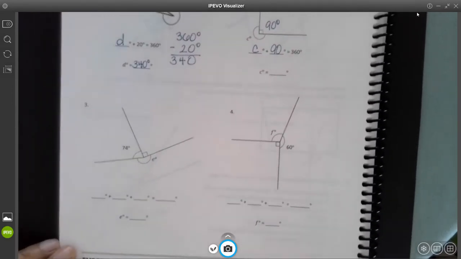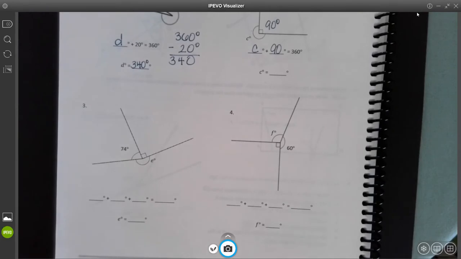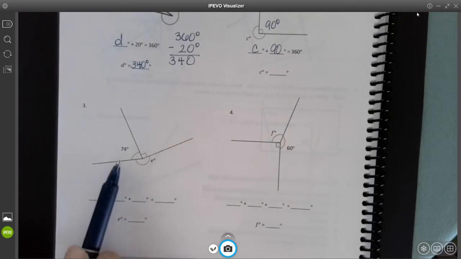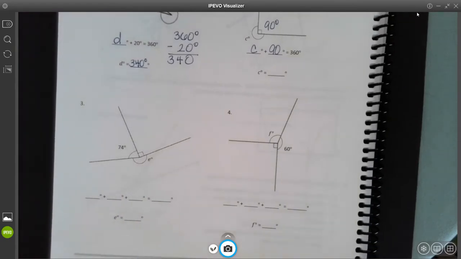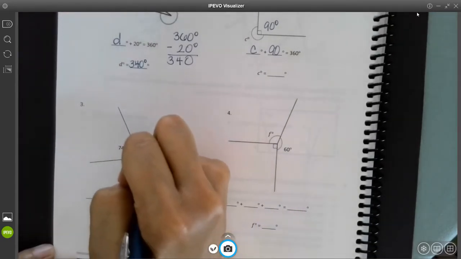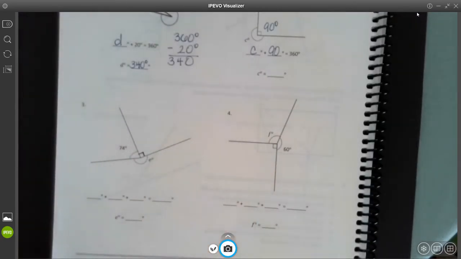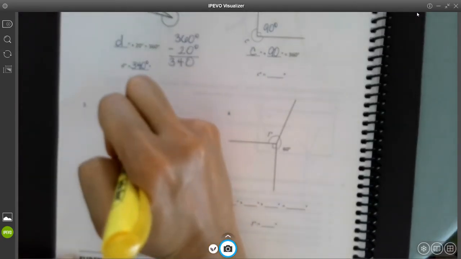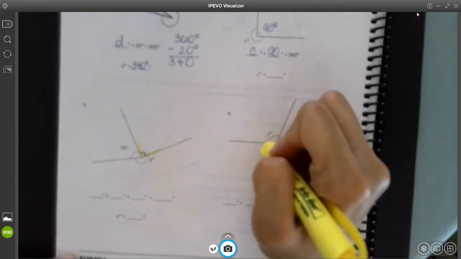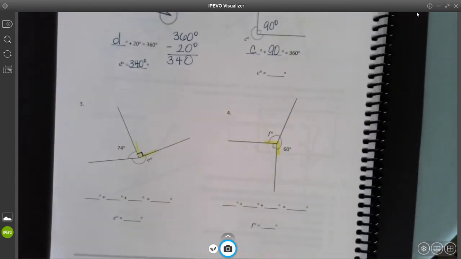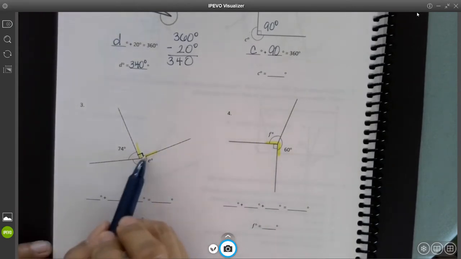For 3 and 4, these are very much like the problems that we solved in the beginning. We see that we know two of the angles in each of them. We have a right angle right here. And yesterday I used yellow, so I'm still going to use it. We have a right angle right there, and a right angle right here. I'm just going to set them up for you, and you can solve them, or help you set them up, I should say.